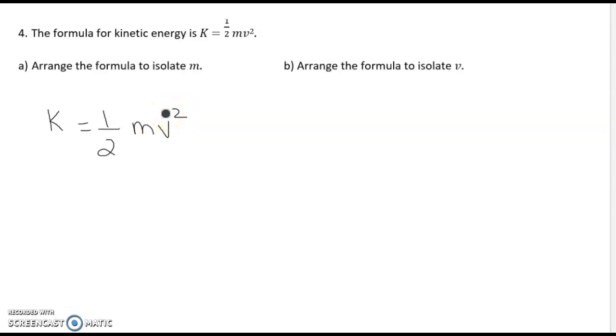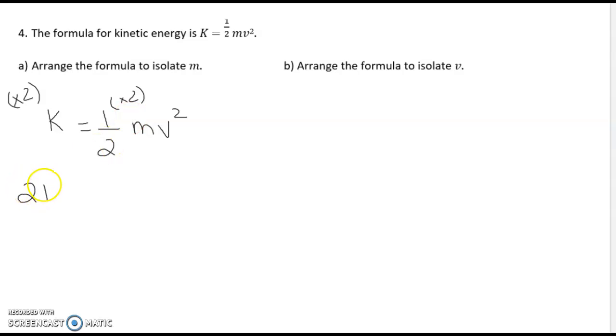We'll do one step at a time. Right now, because it is multiplied by 1 and then divided by 2, we're going to multiply both sides by 2. So we multiply this side by 2, and we multiply this side by 2.